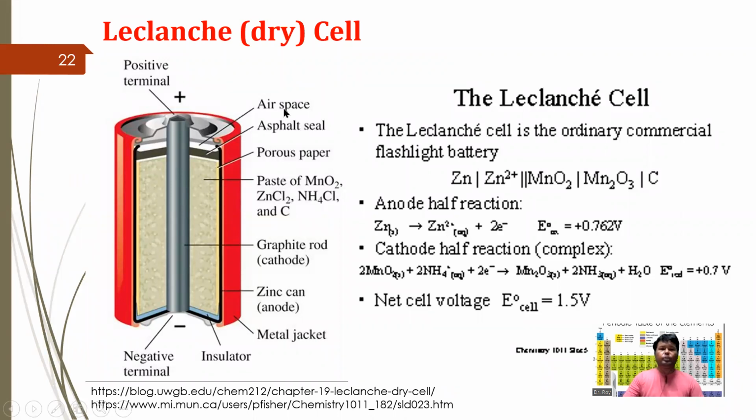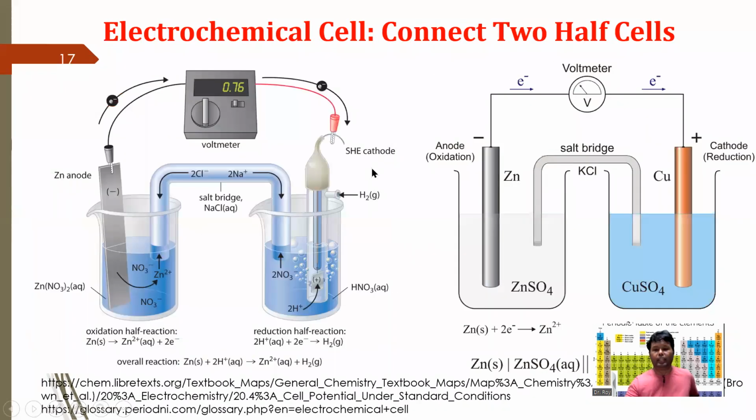And here we have some chemicals. This is a kind of paste, you can consider a paste of manganese dioxide. Actually this is a dry cell, like Olympic or Sunlight, whatever dry cell we have in Bangladesh. Previously, the electrolyte is in aqueous phase or solution state.